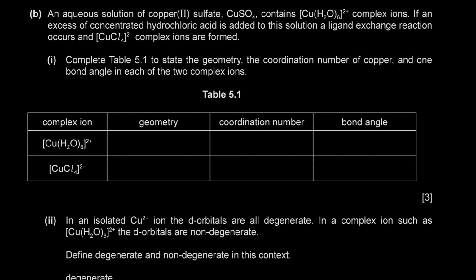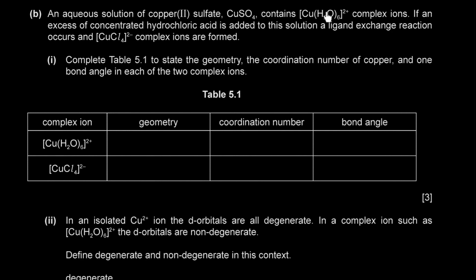An aqueous solution of copper(II) sulfate, CuSO4, contains copper(II) hexa-aqua complex ions, that's [Cu(H2O)6]2+. If an excess of concentrated hydrochloric acid is added to the solution, a ligand exchange reaction occurs and copper(II) tetrachloride complex ions are formed. Complete table 5.1 to state the geometry, the coordination number of copper, and one bond angle in each of the two complex ions.